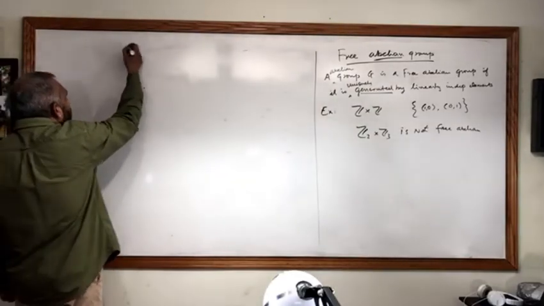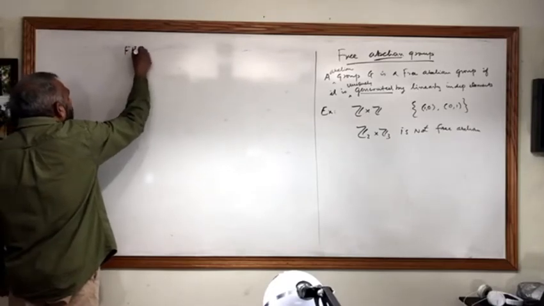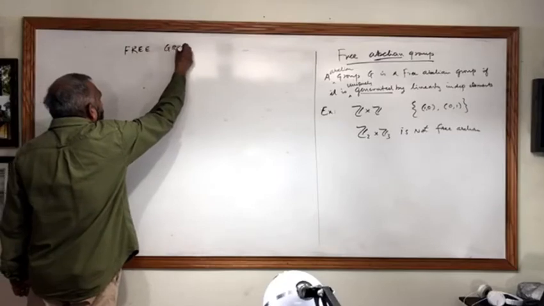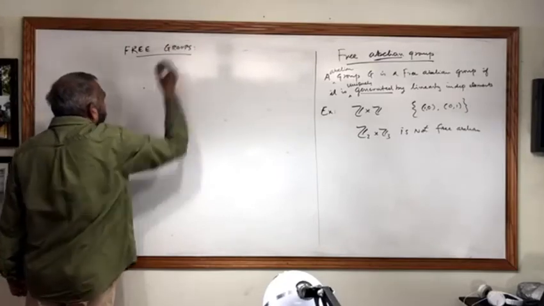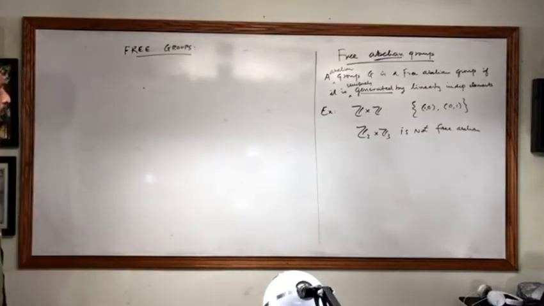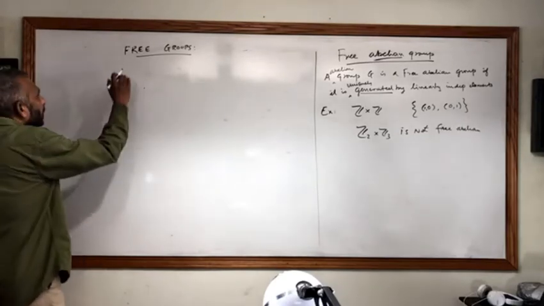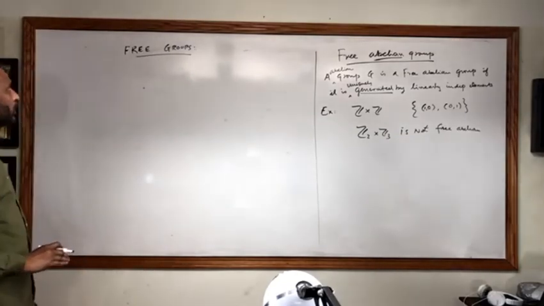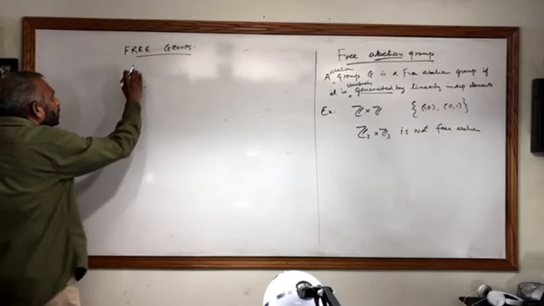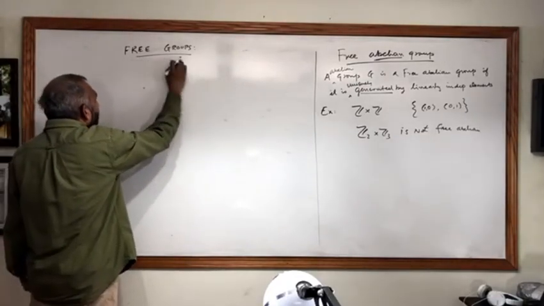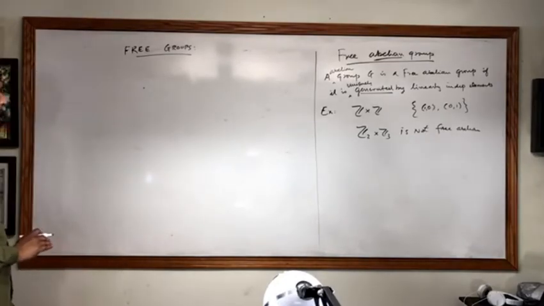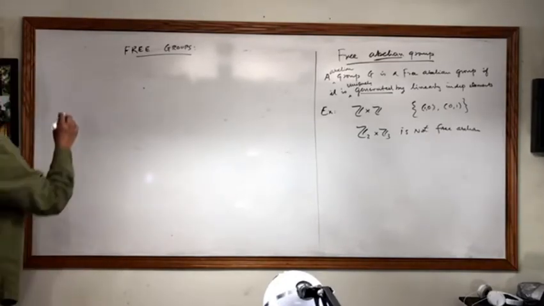Our new topic is free groups. We want to define what a free group is. So the first thing we are going to do is define the elements and then the operation.